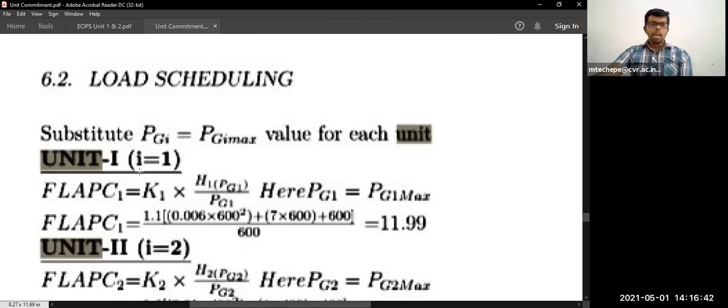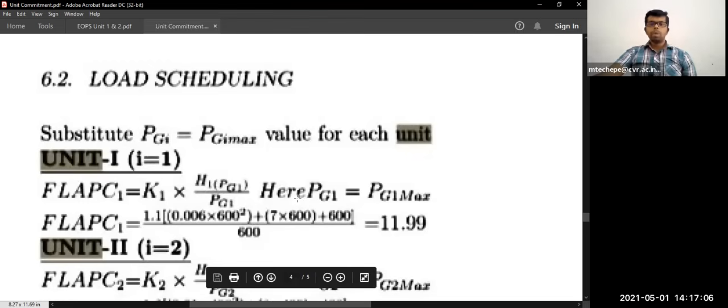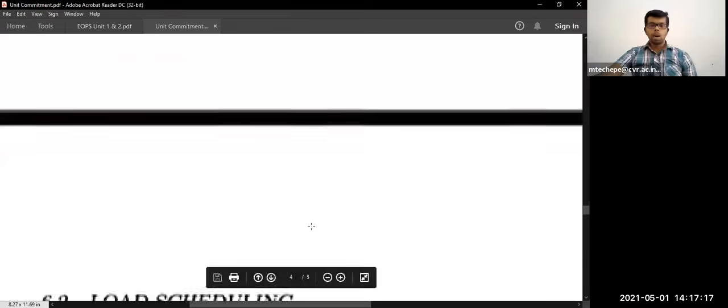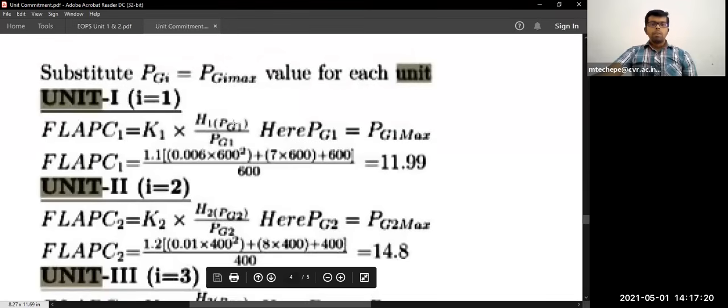So for unit number 1, FLAPC of 1 is equal to K1 into H1 of PG1 divided by PG1, where PG1 is equal to PG1 maximum. What is PG1 maximum from the given table? 400 megawatt, so you have to substitute 400 megawatt here.